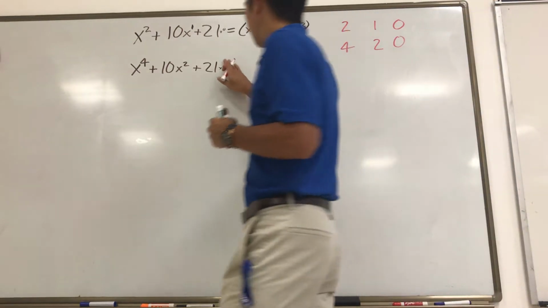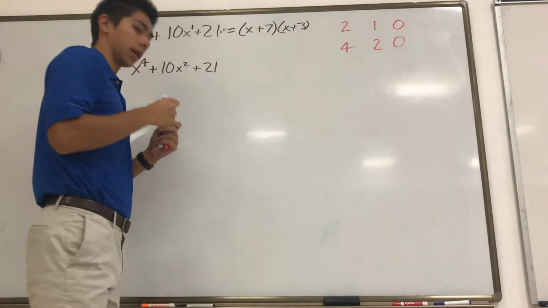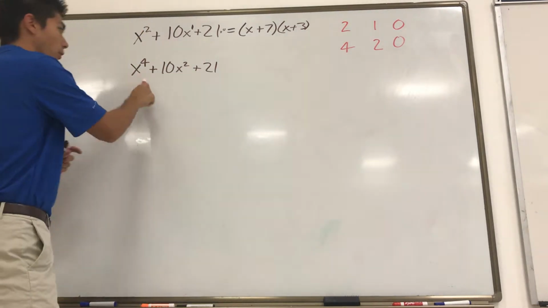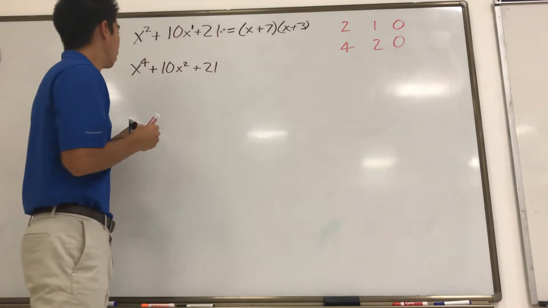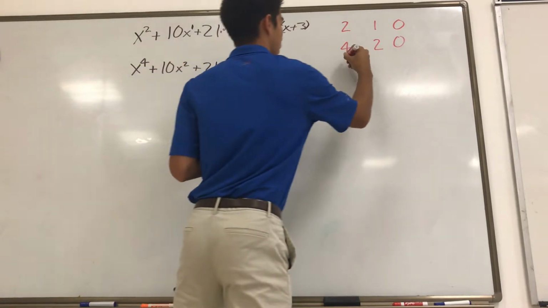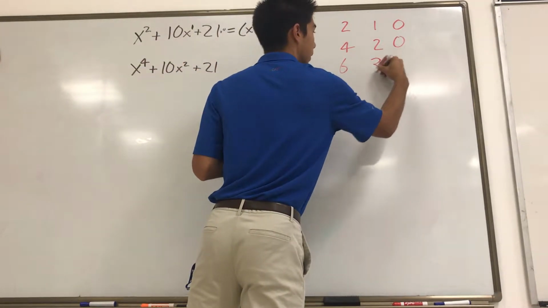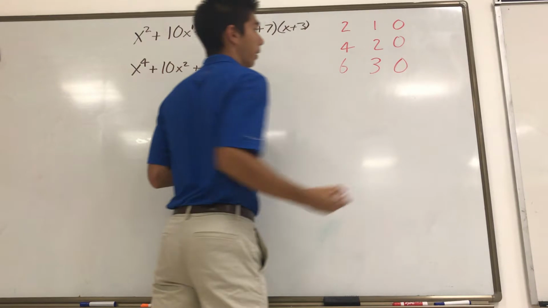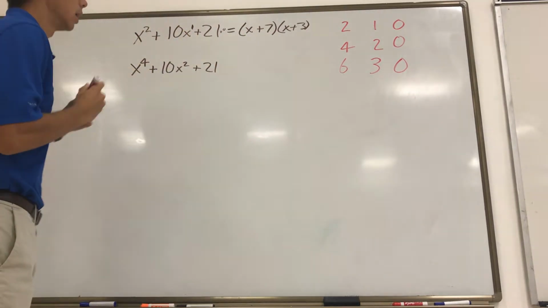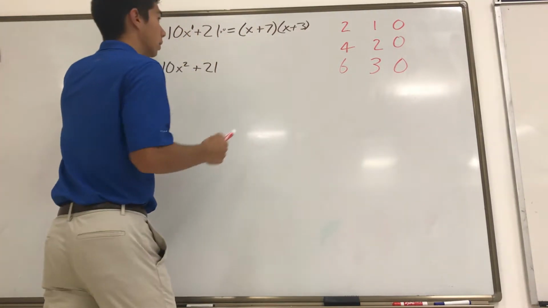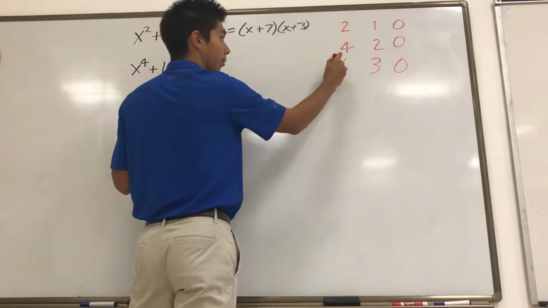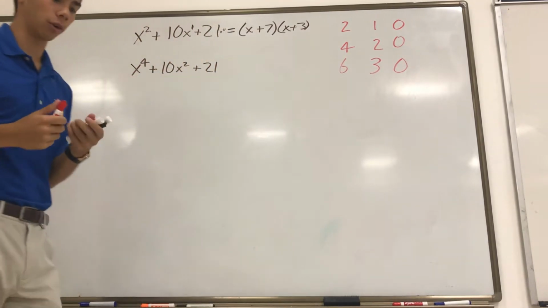You should notice this pattern. If you had x to the 6th, x to the 3, x to the 0, you would do the same thing, multiplying the exponents by 3, and you can factor almost the same way.